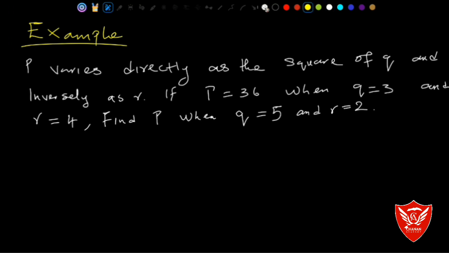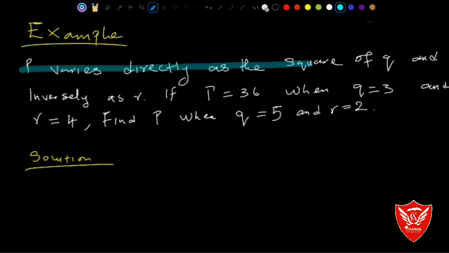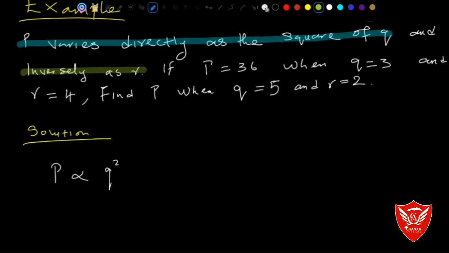Alright, so let's solve that. The first statement says p varies directly as the square of q. And inversely as r, so p varies inversely as r.